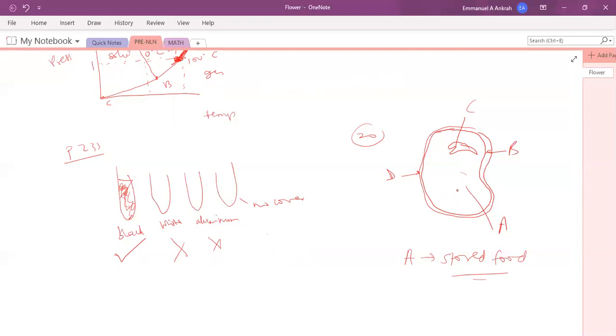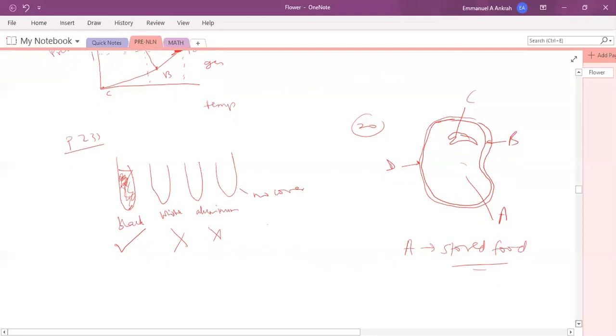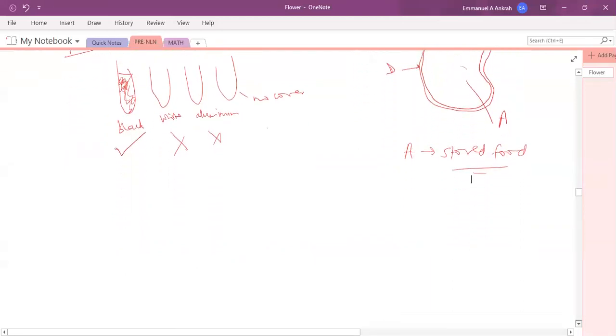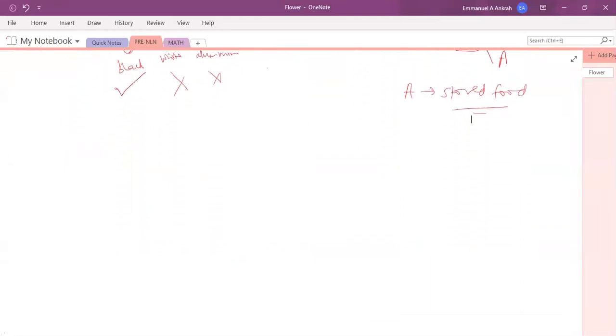Page 250. Number 46. So take a minute to look at that question.